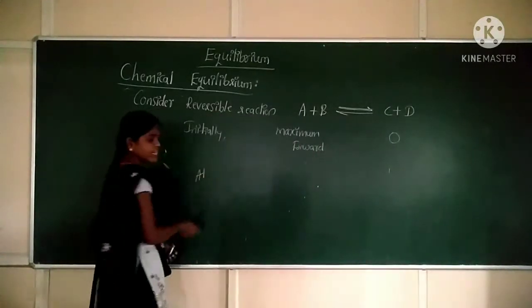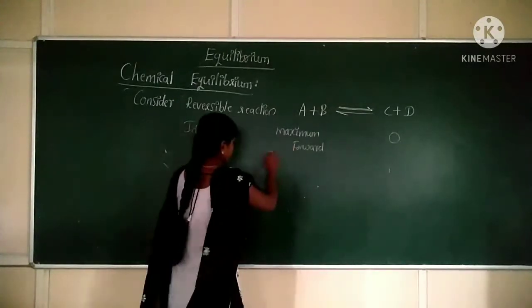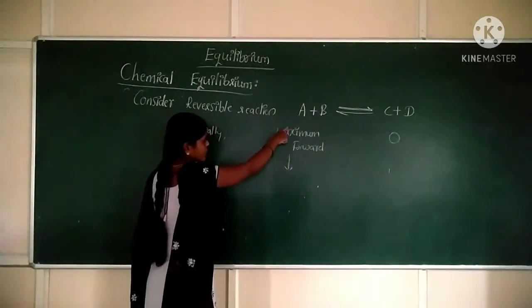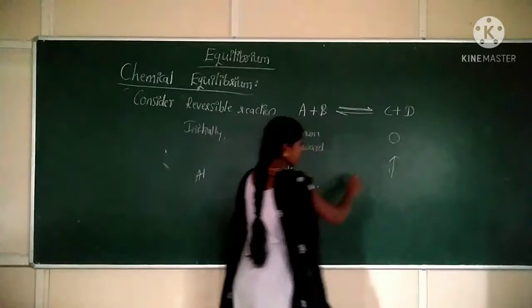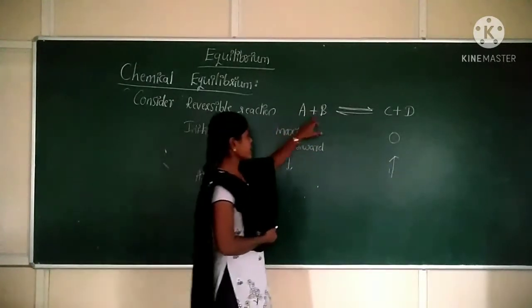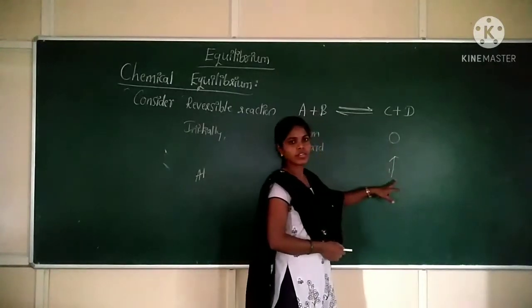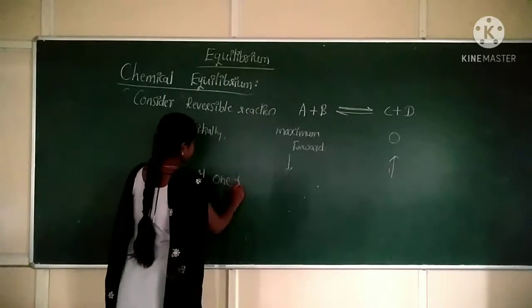At one time, the time will come. After some time, the rate of forward reaction will increase, and the rate of backward reaction also increases. Correct? A and B concentration goes on decreasing, and C and D concentration goes on increasing.